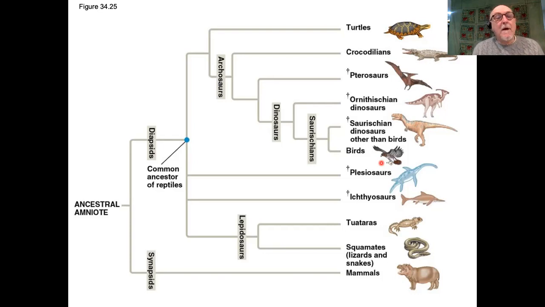If you don't believe me, pick up a chicken and look at its legs, and you will see that birds still have reptilian scales on their legs. Their entire stance is very closely related to that, we believe, of many of the dinosaurs. And they, in fact, arose from an obscure dinosaur line, a Saurischian dinosaur line.